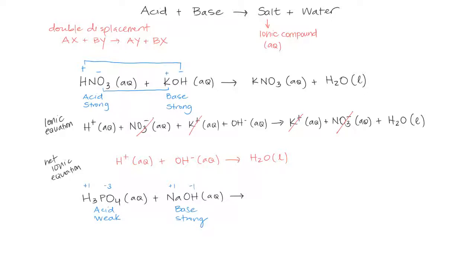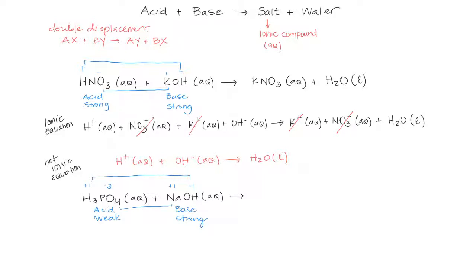So we know that our hydrogen is going to switch and take the hydroxide, and phosphate is going to switch and take the sodium. Remember that we write products based on the charges and not on the number of atoms that we have. We can deal with that when balancing the equation once we have our equation.